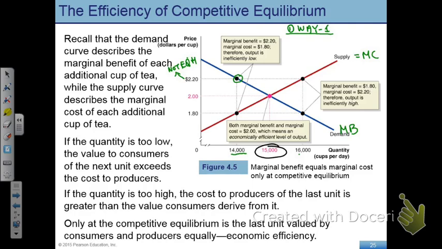And at 14K, my marginal benefit is greater than marginal cost. My marginal benefit is $2.20. That is what is indicated by my demand curve. And my marginal cost at that output level is $1.80. Do we all see that?